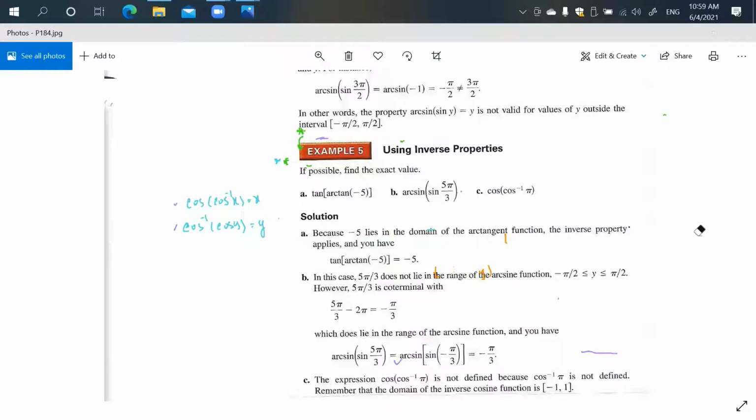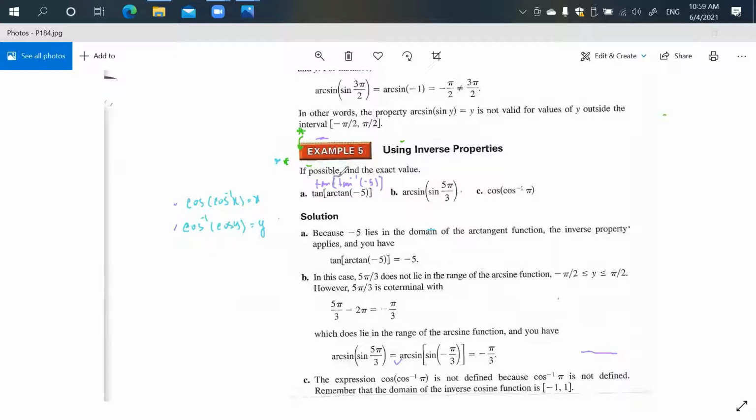You see this example, they try to explain the property of the inverse trigonometric functions, okay? See question A. We can write it down as tan of arctan of negative 5.